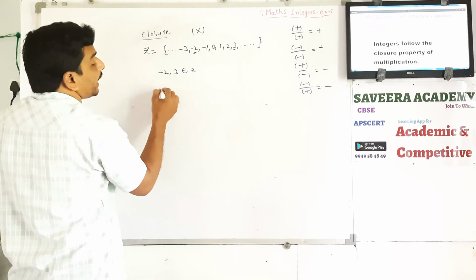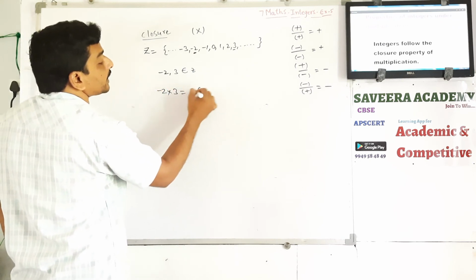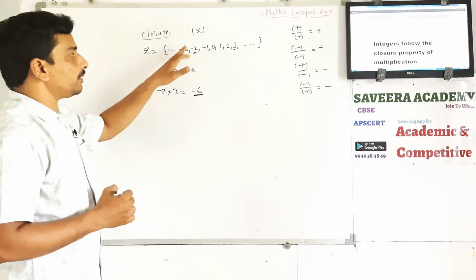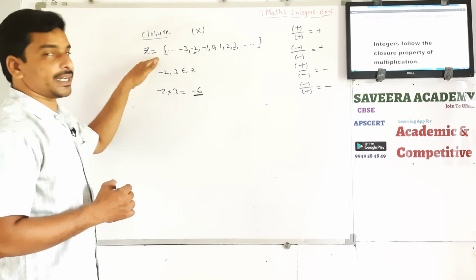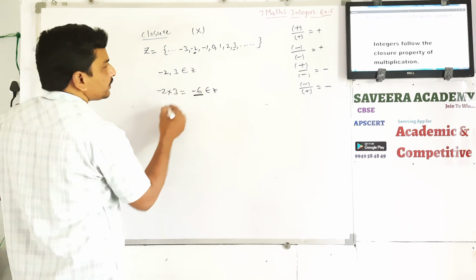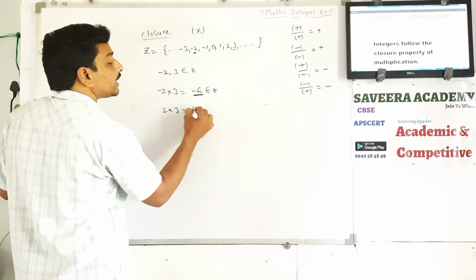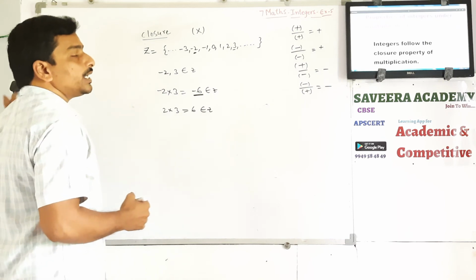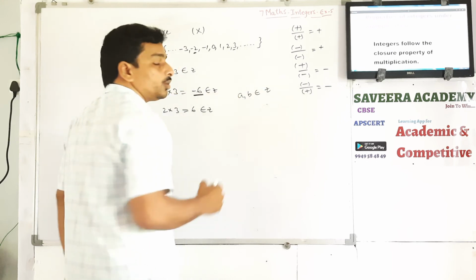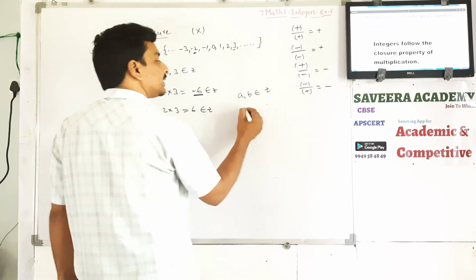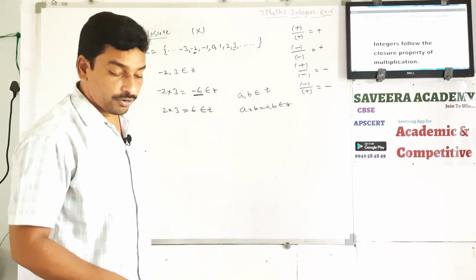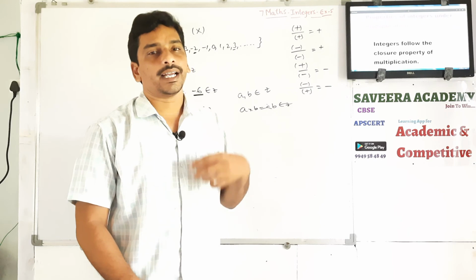Therefore minus 2 into 3: 2 threes are 6, minus into plus gives minus, so we got minus 6. Minus 6 is also an integer, belongs to Z. Next, suppose 2 into 3, 2 threes are 6, that also belongs to Z. So in general, if a and b are two integers, then their multiplication a into b, that means ab, also belongs to Z. Whenever we multiply two integers, we again get an integer.